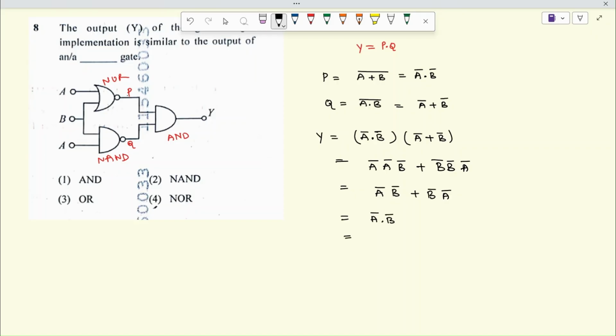And a naught into b naught, according to Boolean equations, is equal to (a plus b) whole naught. This is y. And what is this indicating? NOR gate. So the answer is NOR gate.